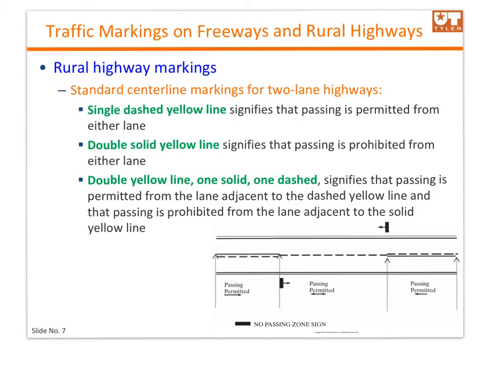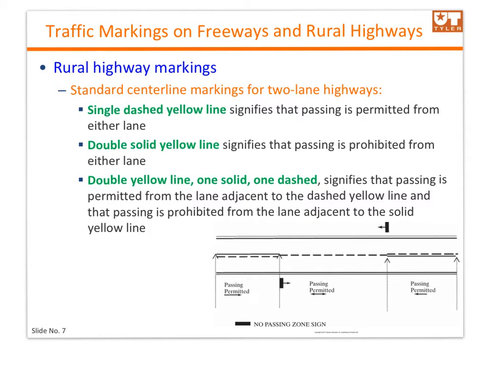And in some other cases where we're having double yellow line, 1 solid and 1 dashed, this signifies that passing is permitted for the lane adjacent to the dashed yellow line, and that passing is prohibited from the lane adjacent to the solid yellow line. So here are three different cases, and we see those 3 cases repetitively in rural highways.